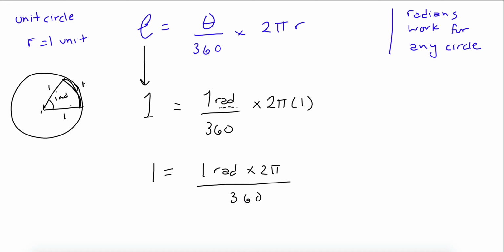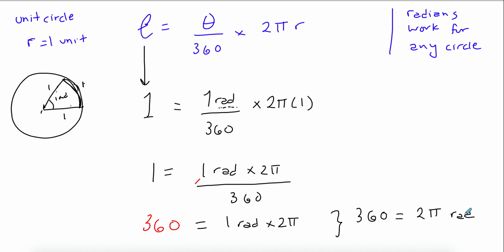Then to simplify it, I'm going to multiply 360 on both sides. So I get 360 equals 1 radian times 2 pi, which means that 360 is equal to 2 pi radians. So that's another proof of the equivalence. It might be a bit weird, but it's just another way of showing that it works.